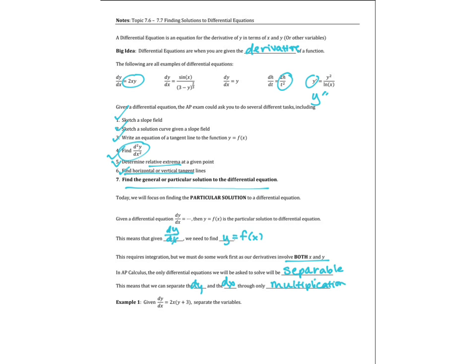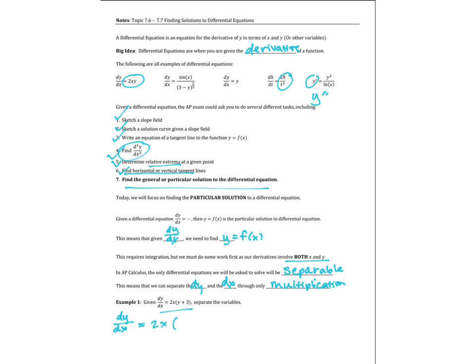So our first example here, example 1, says, given this differential equation, dy dx equals 2x times y plus 3, separate the variables. That means get all your y stuff on one side and all your x stuff on the other side. Are y'all following that? So how am I going to get dx to go to the left side? Or go to the right side.